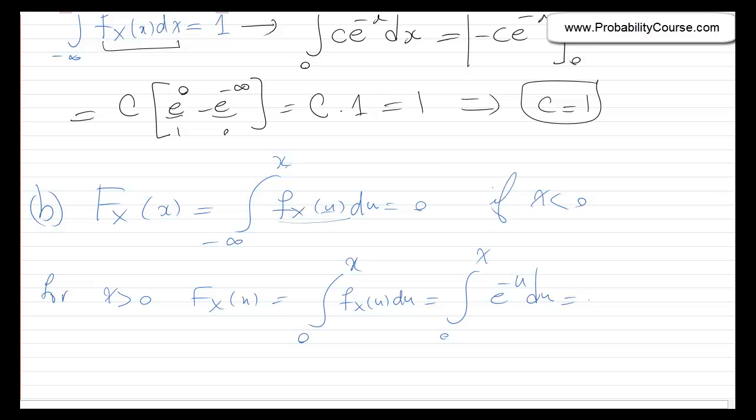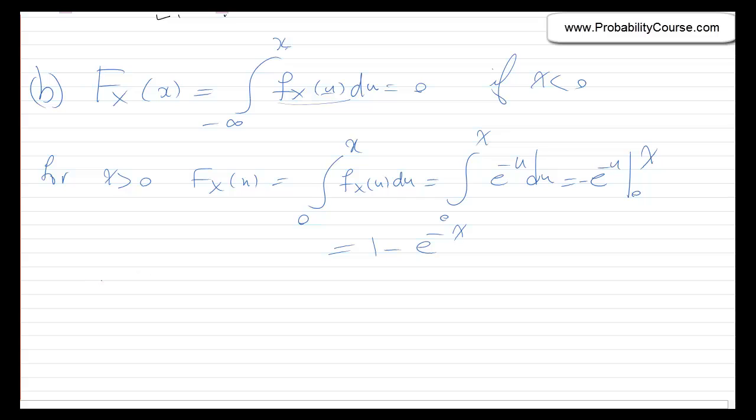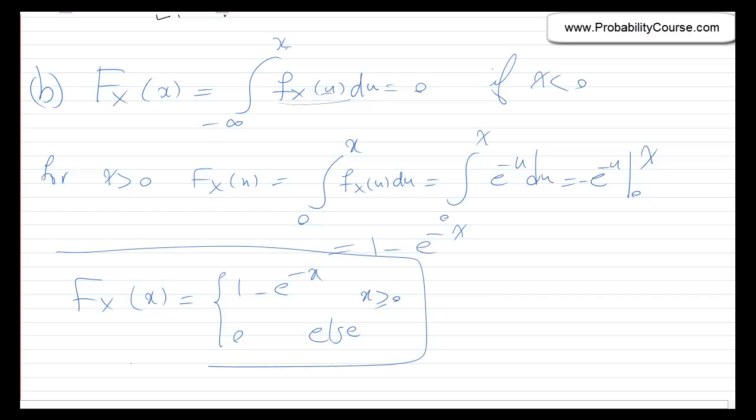And this integral is just the integral of e to the minus u, which is going to be minus e to the minus u from 0 to x. And this becomes 1 minus e to the minus x. So to summarize, the CDF fx of x is 1 minus e to the minus x for positive values of x and 0 otherwise. So that's the CDF for this random variable.